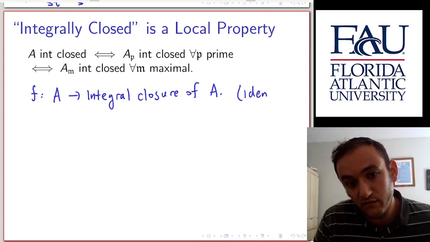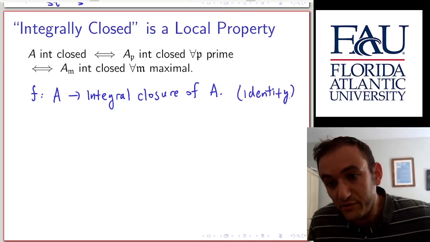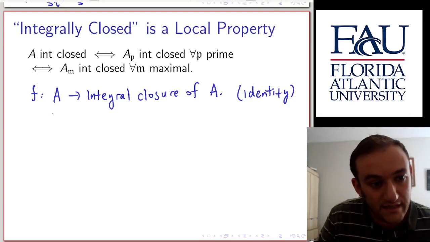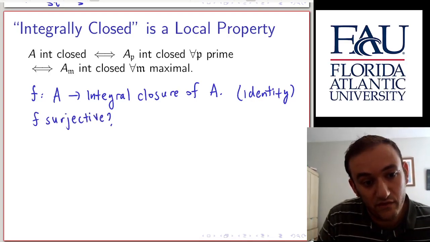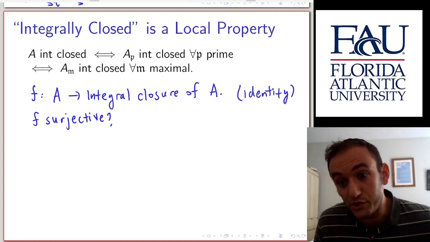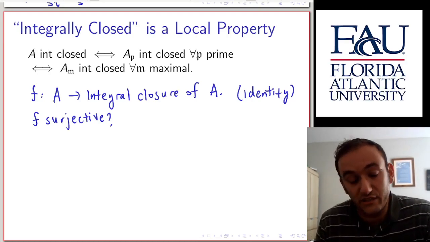Okay, so clearly every element of A is in the integral closure. So you can just map it to itself. And now the question is, is this map f surjective? Okay, so if there's nothing besides A in the integral closure, then that's going to be surjective, which means that A is its own integral closure.